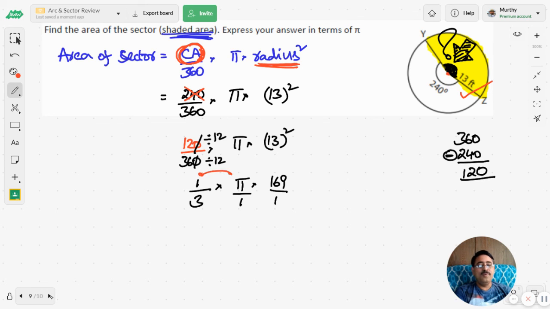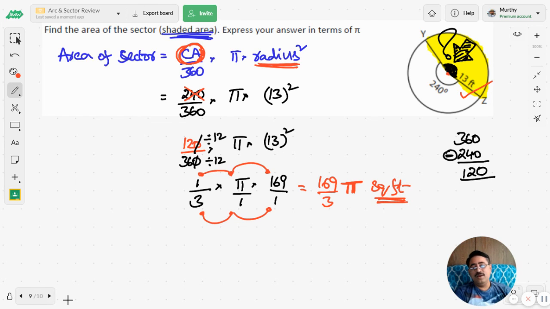So 1 times pi times 169 over 3 times 1 times 1, it's 3. So 169 over 3 pi. In case you want, you can divide it, and the units are feet, area, therefore it's going to be square feet.